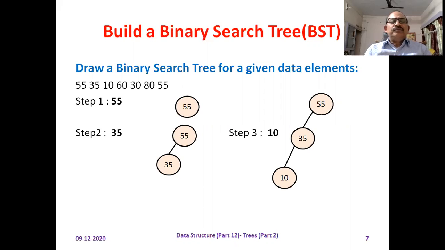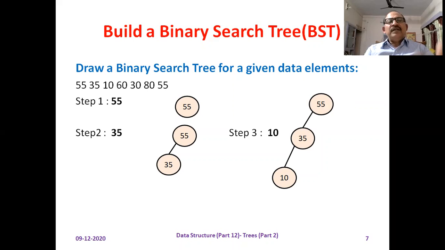Now step 1. Take the first element, that is 55, and at this time there is no element in the binary search tree. Now this 55 becomes the root of the binary search tree.